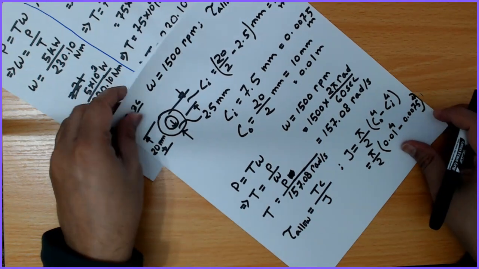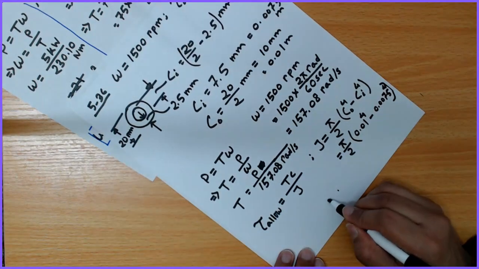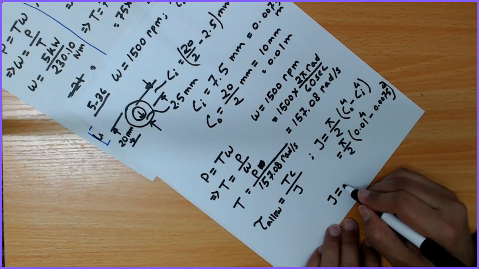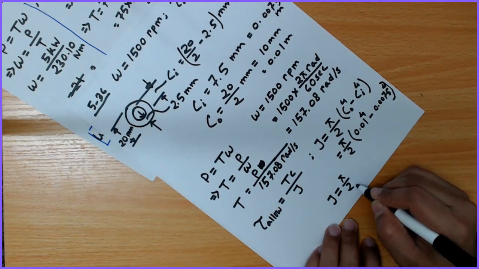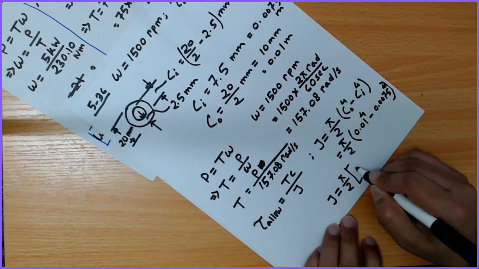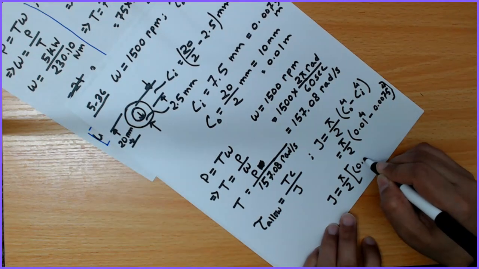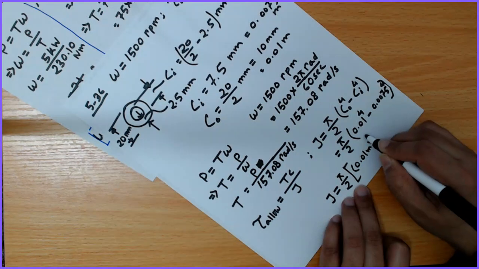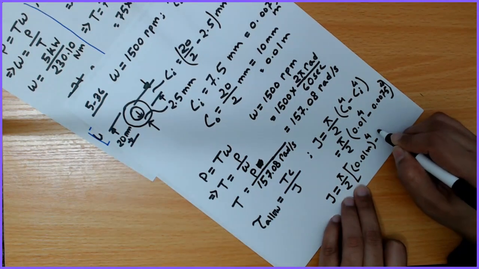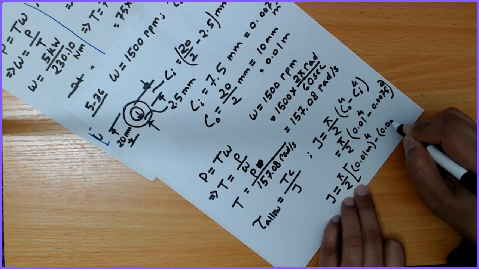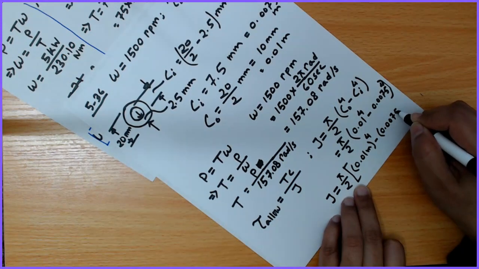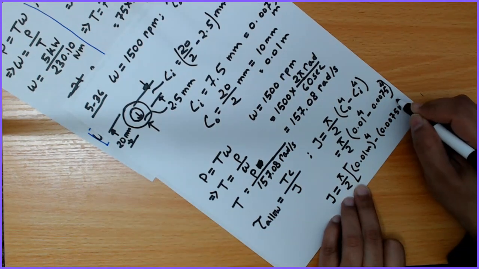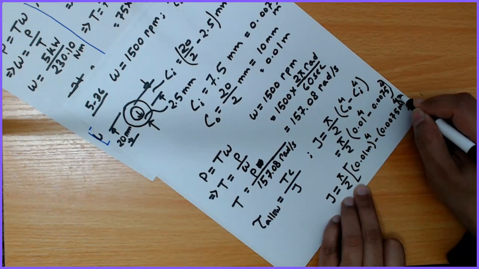Let me write it here again. So J is equal to pi by 2 times 0.01 meter minus 0.0075 meter to the power 4. Okay.